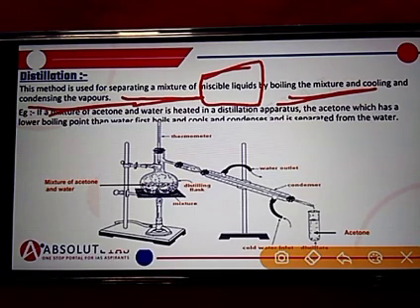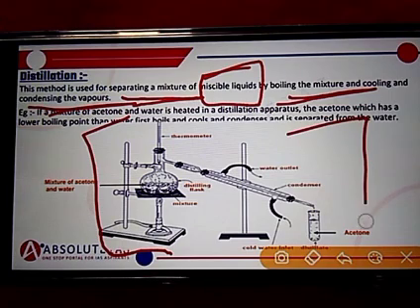If a mixture of acetone and water is heated in a distillation apparatus, which is this, the acetone has a lower boiling point. Therefore the acetone boils first, and water, having a larger boiling point, will remain in the distillation flask.